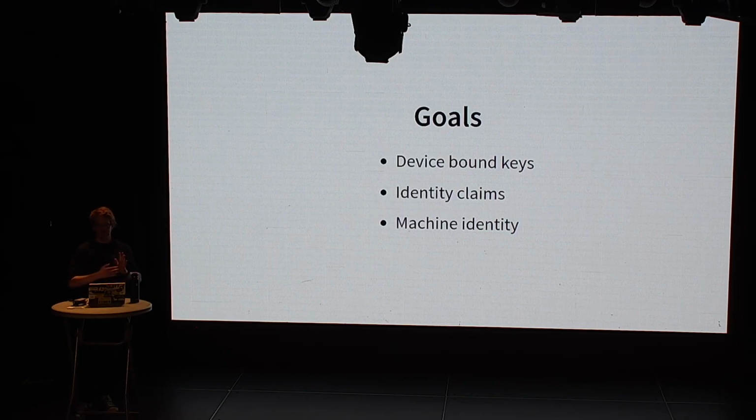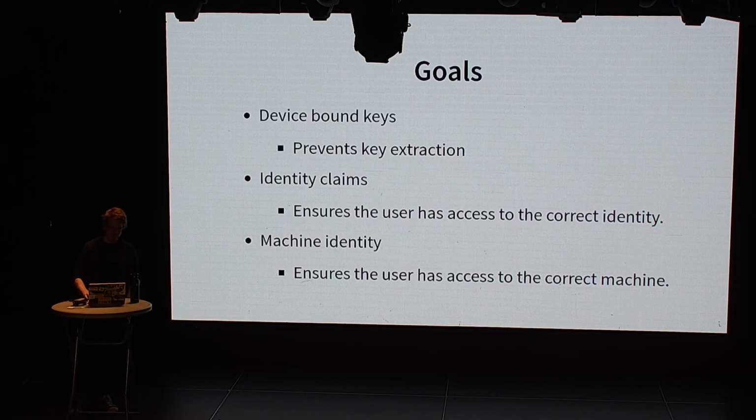It would ensure that you have access to the correct device, and in an enterprise setting, you would have to be on a device that is enrolled in MDM or some device that your company has control over. All of these things together would allow you to have more trust in SSH keys or other credentials that you would like to secure.